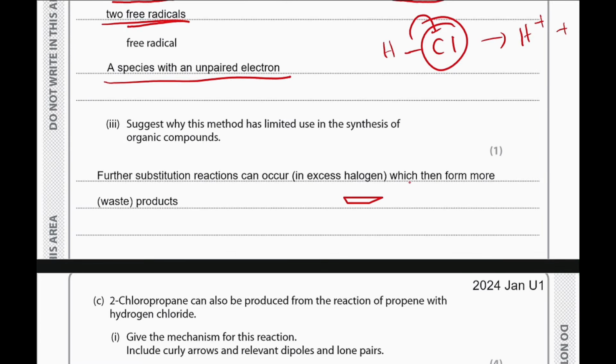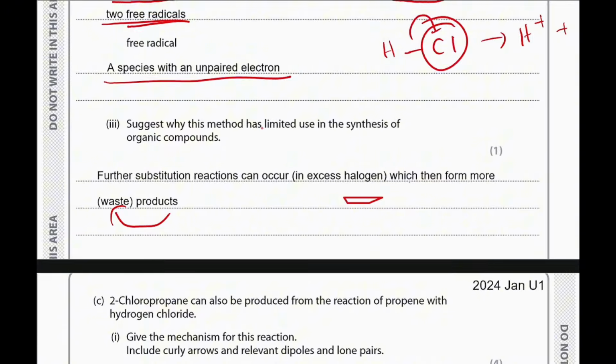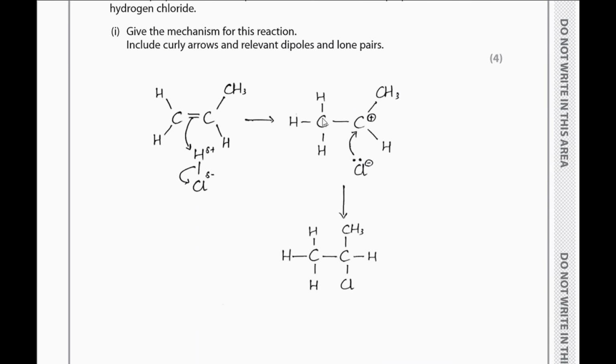This might result in other products which could be waste, or won't be required by the industry. So that is the reason why this method is limited when used in the synthesis of organic compounds in industry, because the presence of excess halogen can produce waste products, and this also increases economic costs as well.